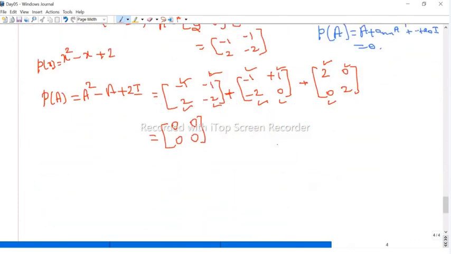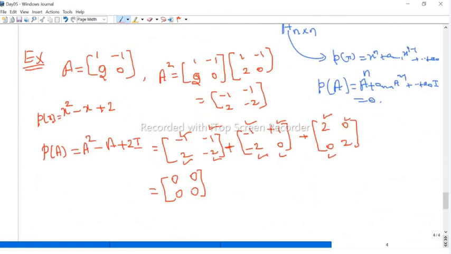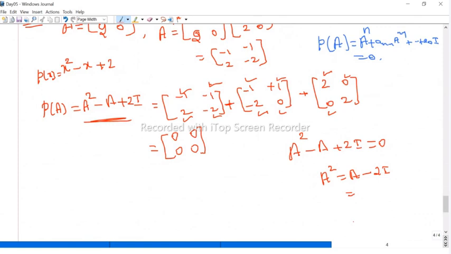Therefore we can easily find things without computing A squared directly. Suppose you want to find A squared, we know the relation between these. By the Cayley-Hamilton theorem, A squared minus A plus 2I equals 0. So you keep A squared on one side and take everything else to the other side, and we get A squared equals A minus 2I. So directly we have to subtract 2 from each diagonal term of A. What is A?